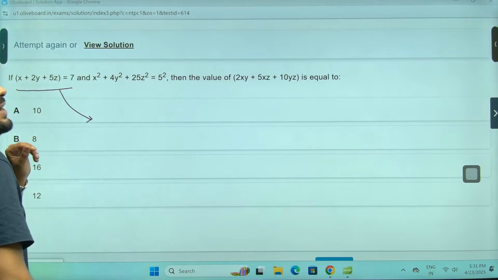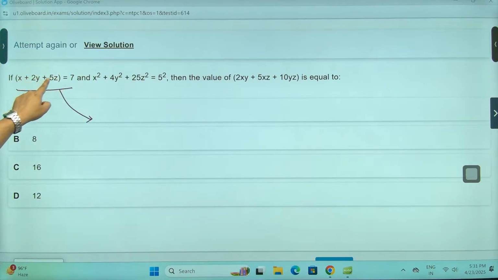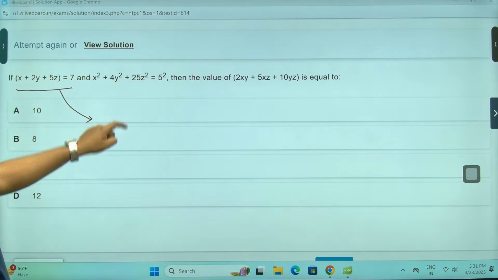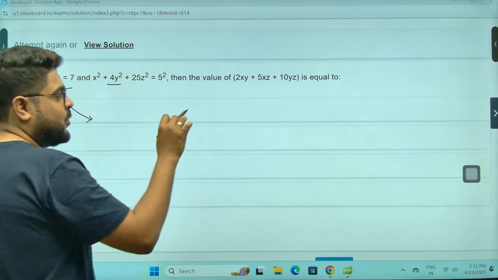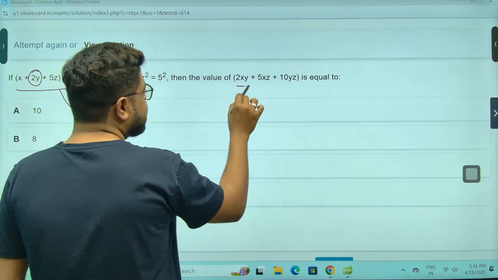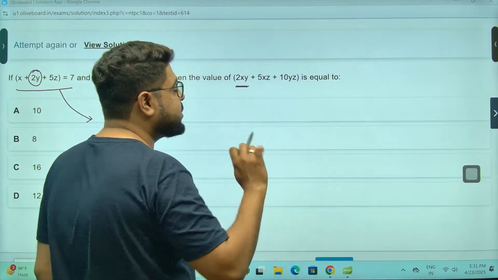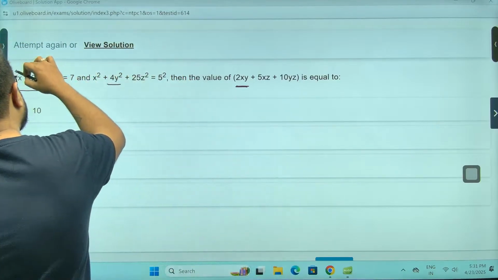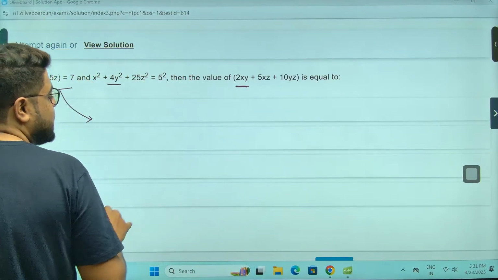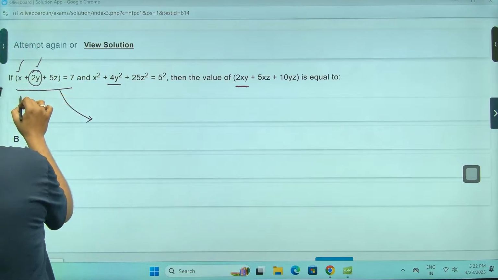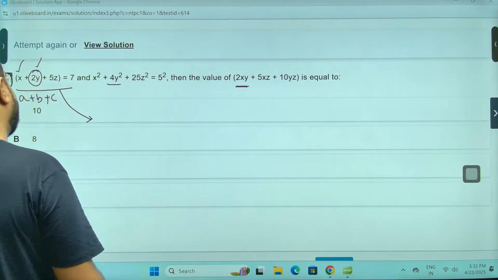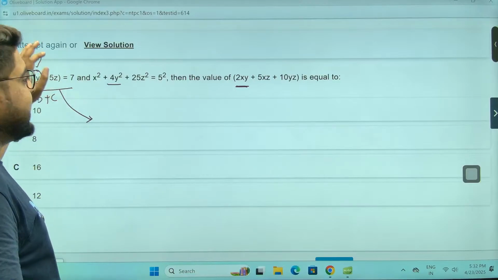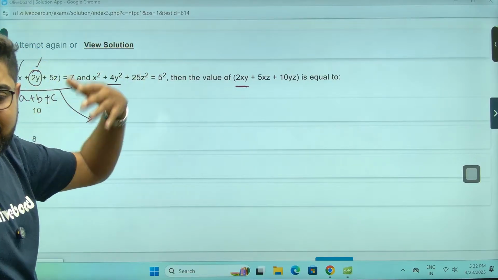So please understand, if you can recognize it, 2y square is 4y square. You see 2y, that whole square is this. And if you look at this, 2xy, you might feel it is 2xy. No, actually x is x, y is 2y here. So for your protection, you take x as A, 2y as B, 5z as C for your understanding.